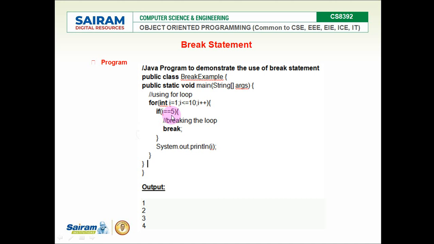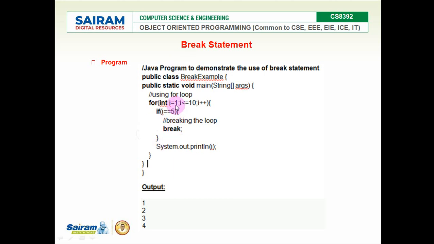If this expression evaluates true, the loop will be terminated by the keyword break. It comes out of the for loop and starts executing the next statement. That is the break statement.